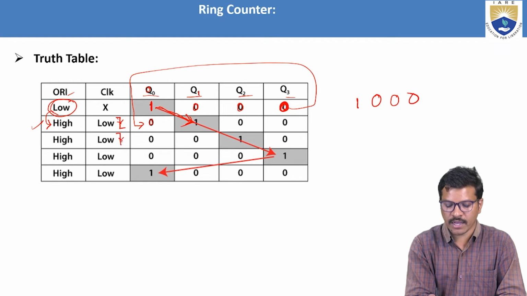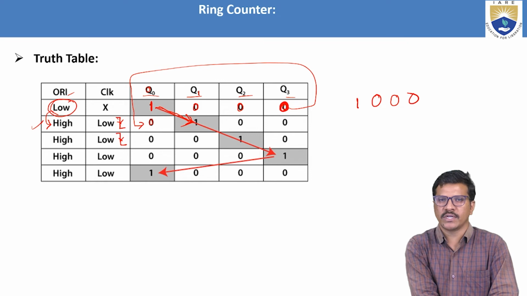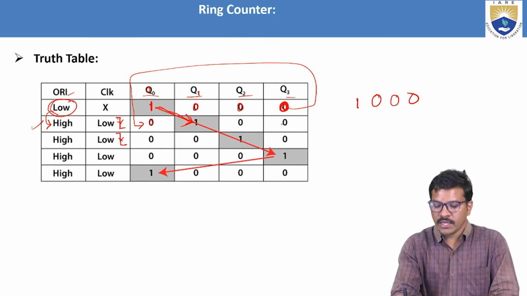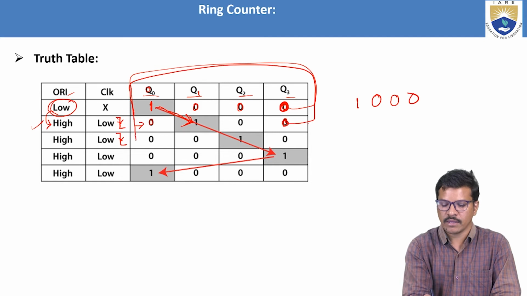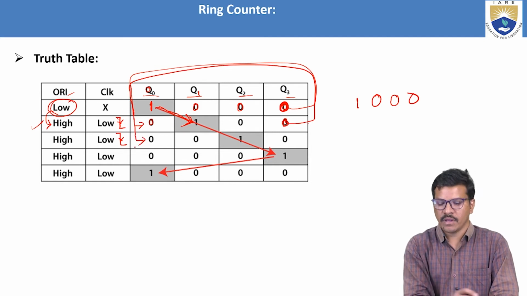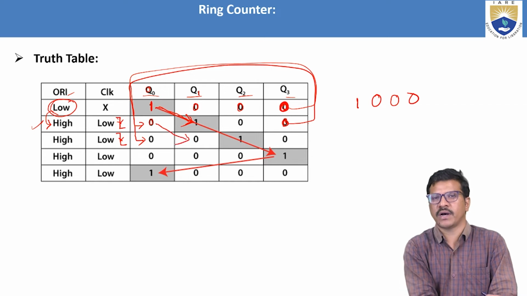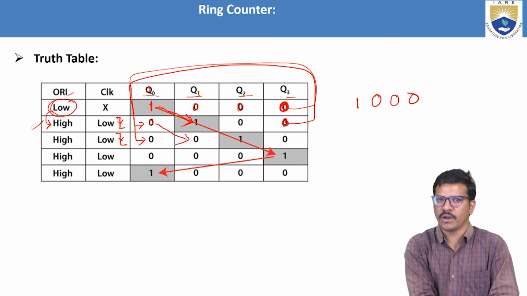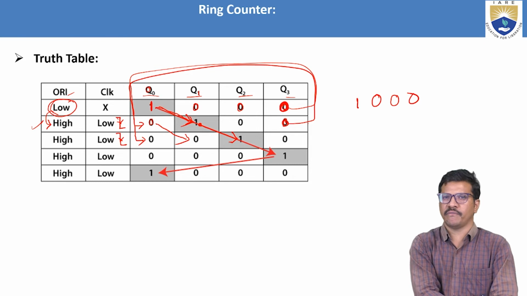When I apply the clock again, at the next negative edge, the output of the last flip-flop is fed back to the first, the first flip-flop output is passed to the second flip-flop, and the second flip-flop output previously is passed to the next flip-flop.